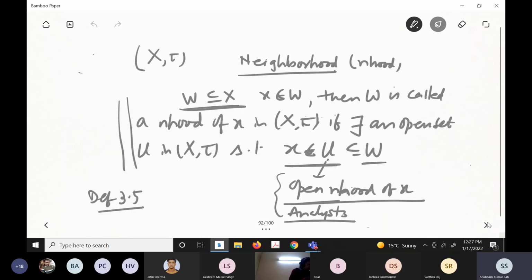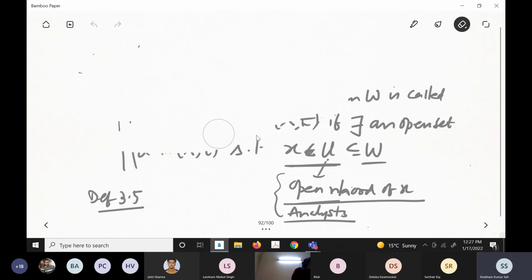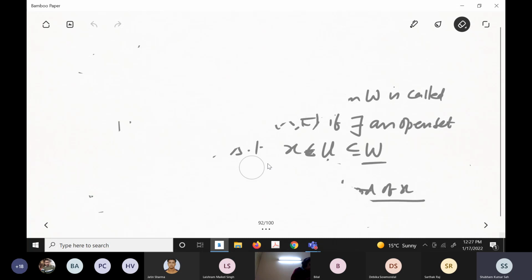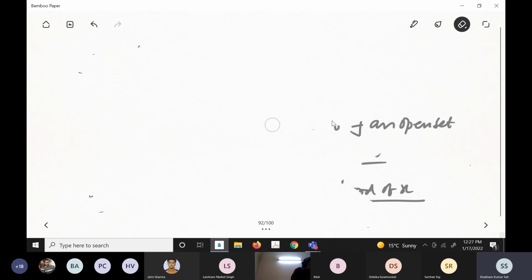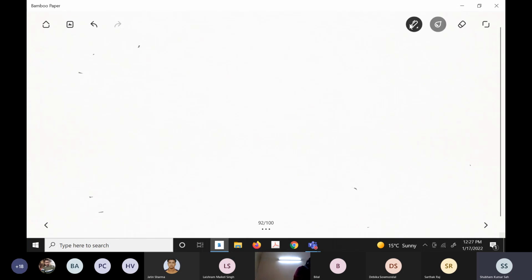Now the thing is, look, you have (X, tau) and you have a non-empty subset of this.